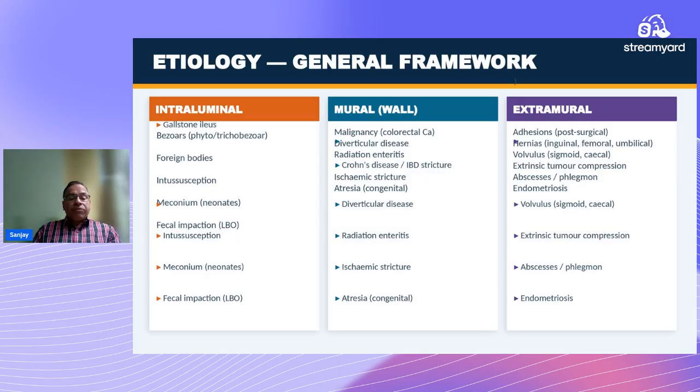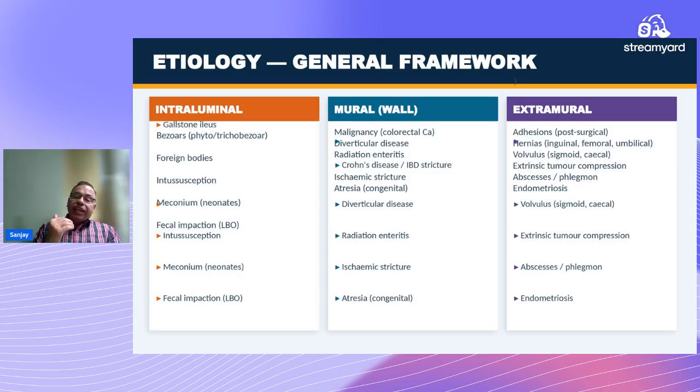And coming to the mural causes, that means within the wall, one of the commonest mural causes is colorectal carcinoma. Similarly, diverticular disease leading to thickening of the musculature of the bowel wall and narrowing of the lumen is another very common mural cause of intestinal obstruction.